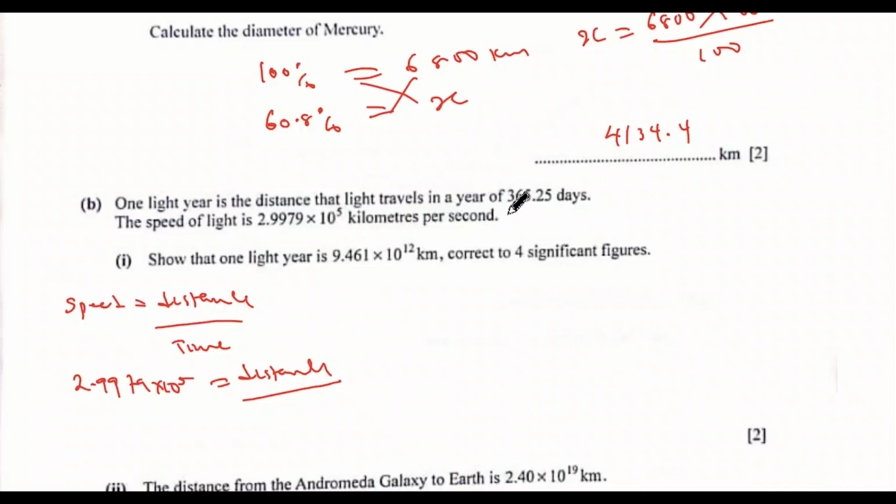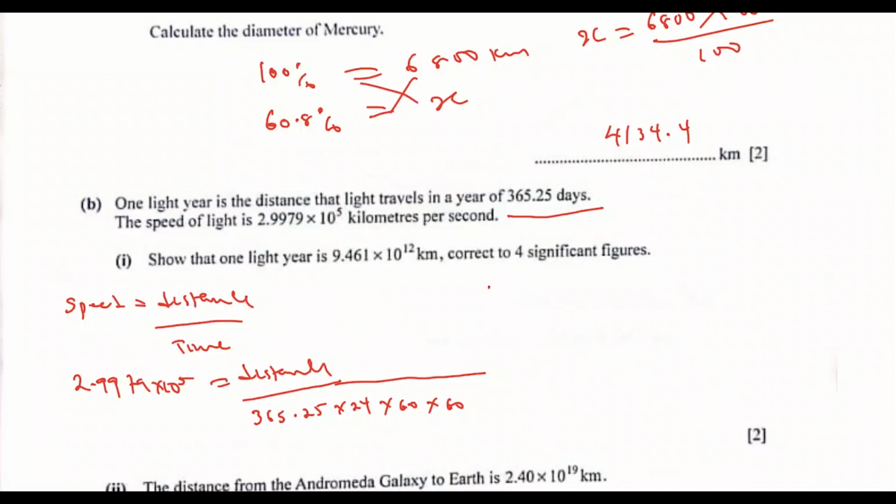But we have it currently in days, that is 365.25 days. If you multiply by 24, it will be in hours. If you multiply by 60, it will be in minutes. Then you multiply by 60 again, then it will be in seconds. So this is what we need to do. Then finally you need to cross multiply.